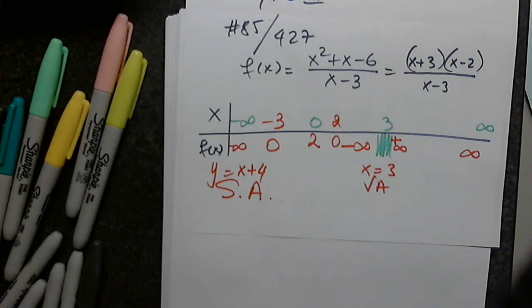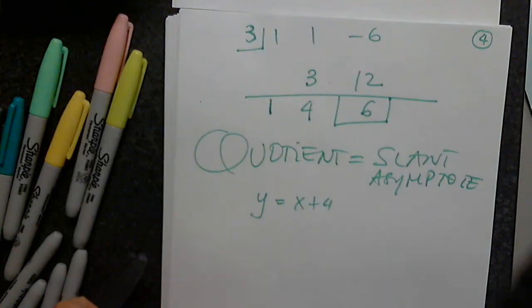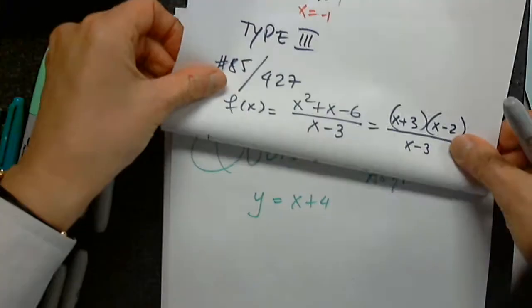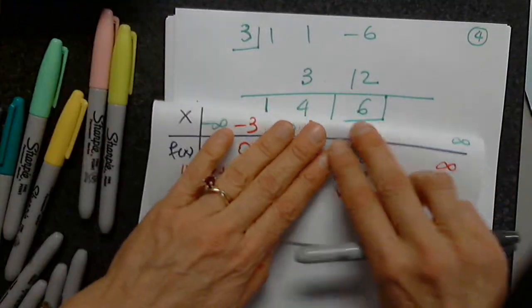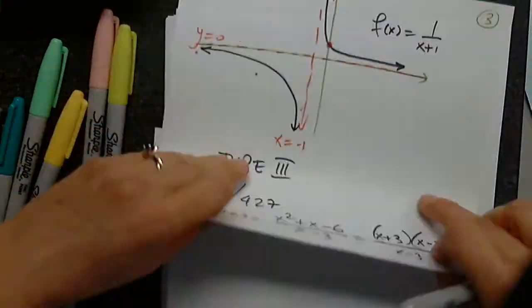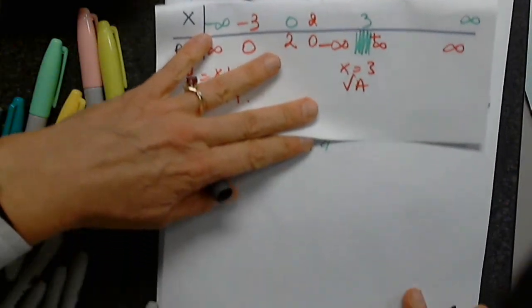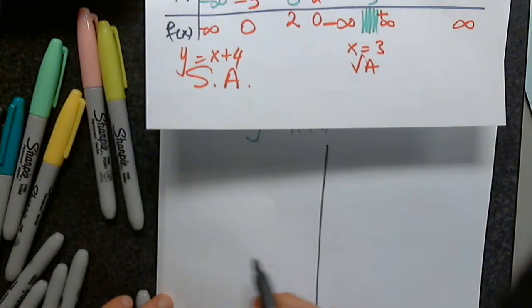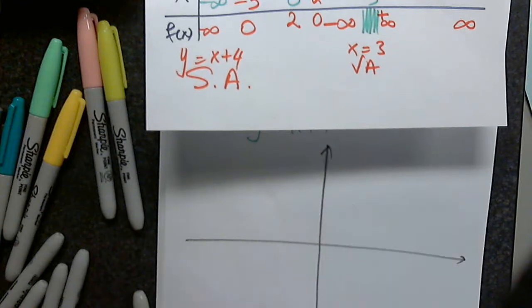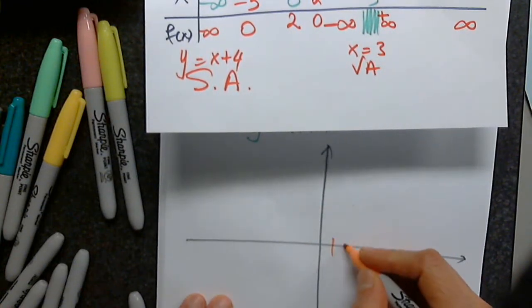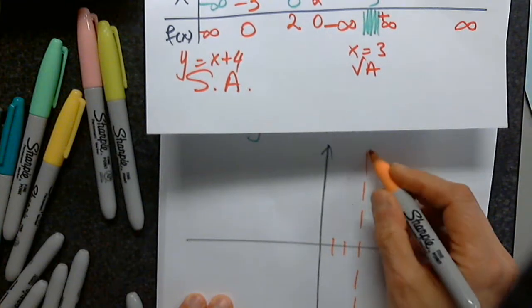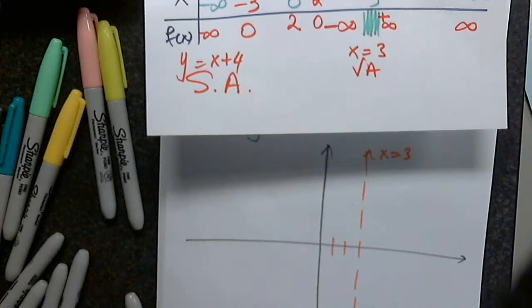So let's graph. When I graph a function with asymptotes, what do I have to graph first? That's all I care about. Nothing else matters. Just my little chart. I graph the vertical asymptote, which is x equals 3. But now I have to graph the slant asymptote, which is y equals x plus 4.